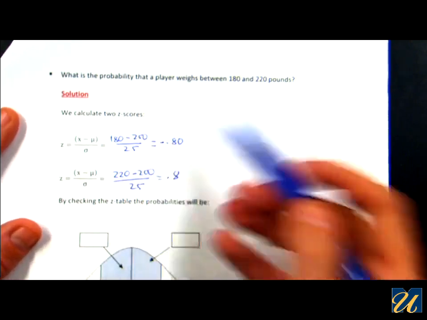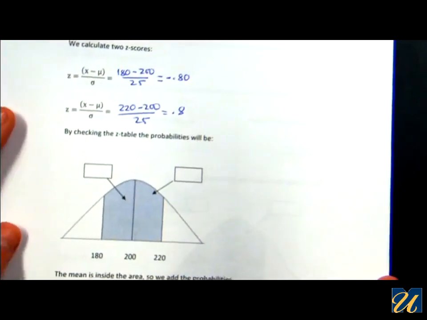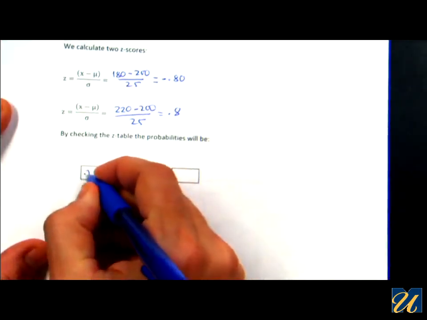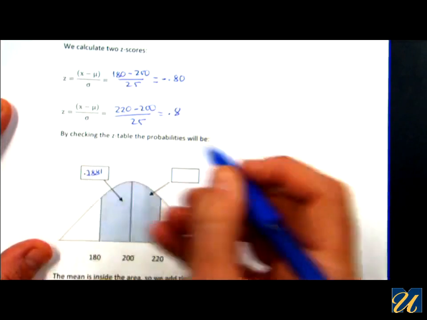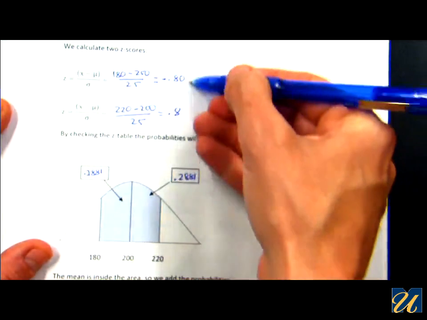We take the absolute value and we check for 0.80 on our table. So 0.80 will give me a probability of 0.2881, and the same on the other side, 0.2881, since I have the same z-score.